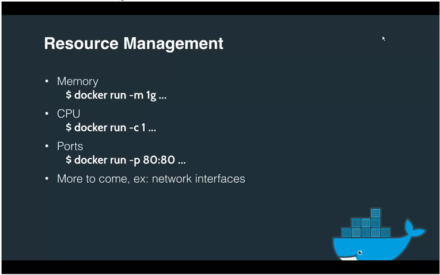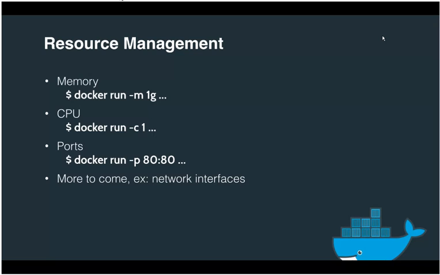So let's talk about resource management. You can control how much resources your container uses with Swarm by specifying the flag -m or -c. If you want your container to use 1 gig of RAM, you will specify docker run -m 1g, and Swarm will try to find a machine that has 1 gig of RAM available.